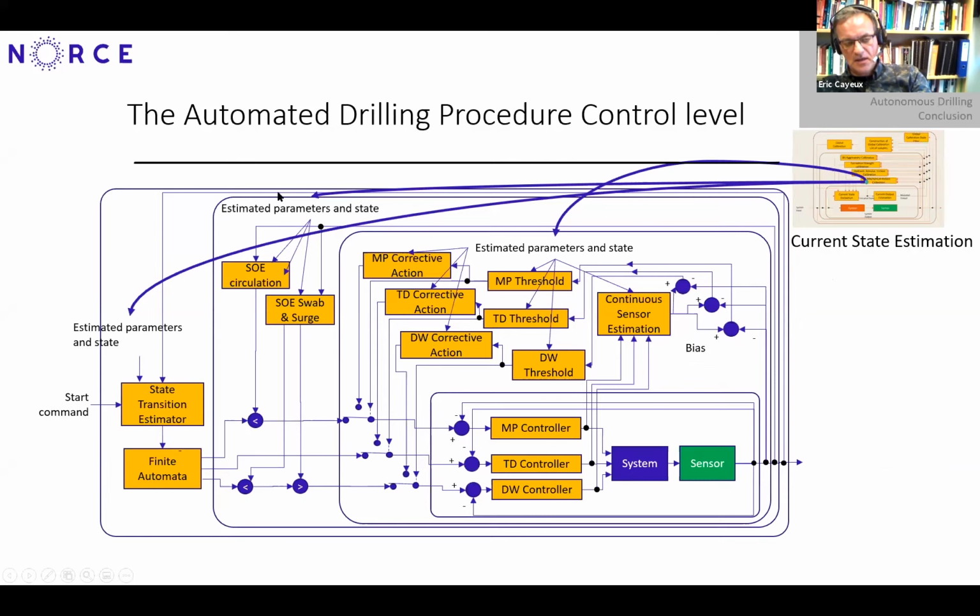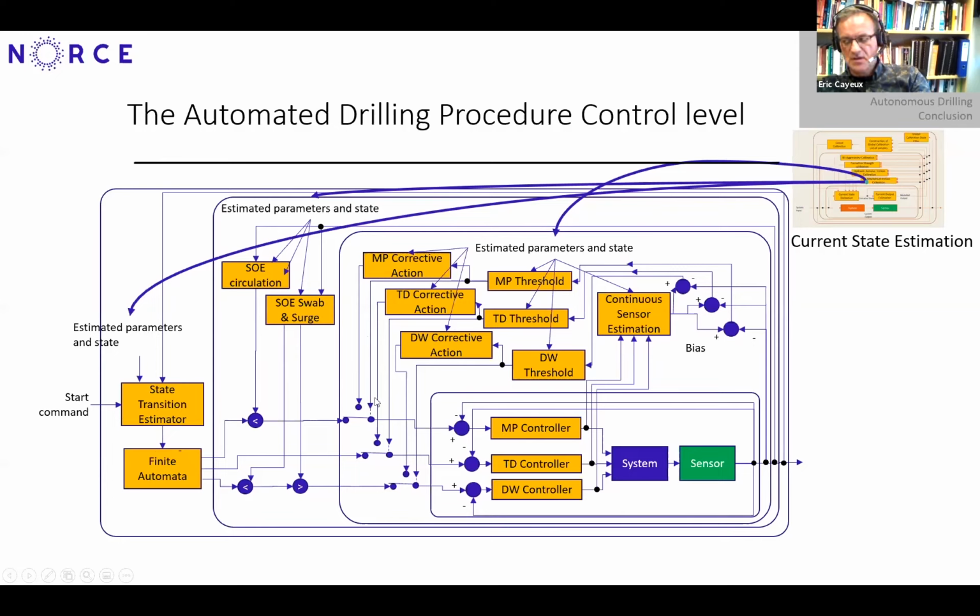And this is the last level that you have there. When you have all those protection mechanisms with the fault detection, isolation, recovery, safe operating envelope, and dynamic state automata, then you can actually perform quite safe operations.